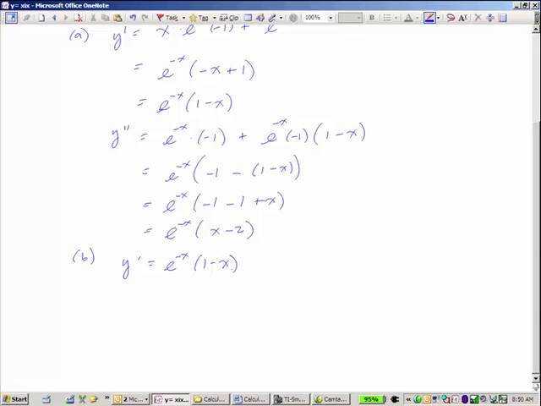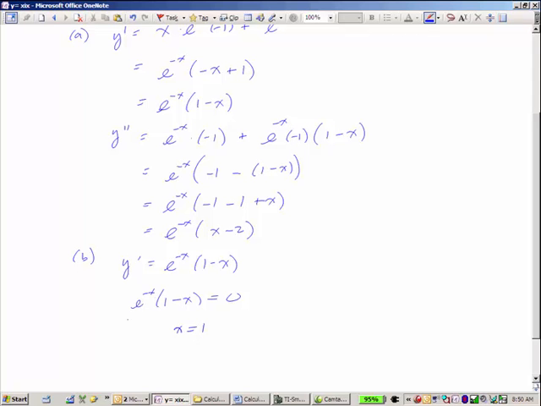All right, so we need to know, when is this equal to 0? When x equals 1. I agree, when x equals 1. What's e to the 0? 1.